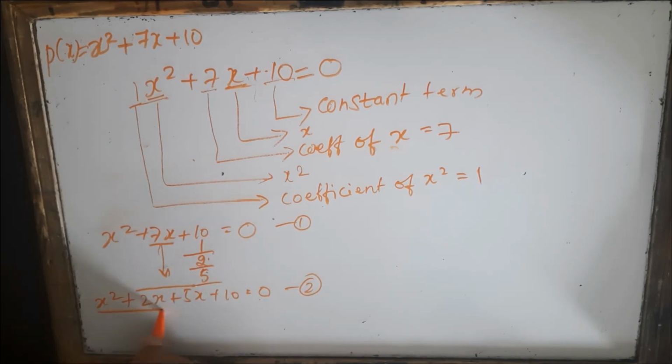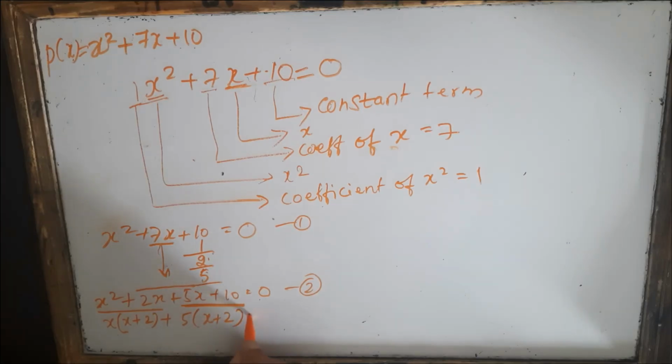Now we take these two and these two separately. We take x square plus 2x, x as common. When you take x as common, the remaining is x plus 2. Plus, in this part we take 5 as common, then the remaining is x plus 2, is equal to 0.